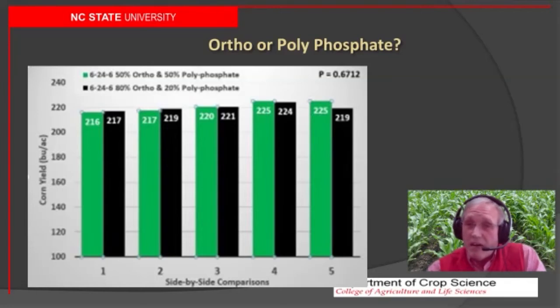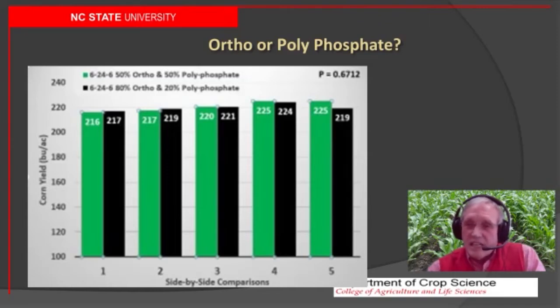So you'd think, oh, I want an ortho most of the time. Well, the data, the science suggests that actually the rate of breakdown in a polyphosphate is fairly rapid. Furthermore, there's also the issue about if a poly has less salt than an ortho. So you've got these kind of things going on.